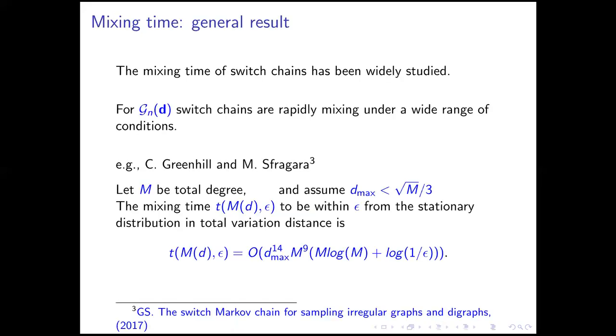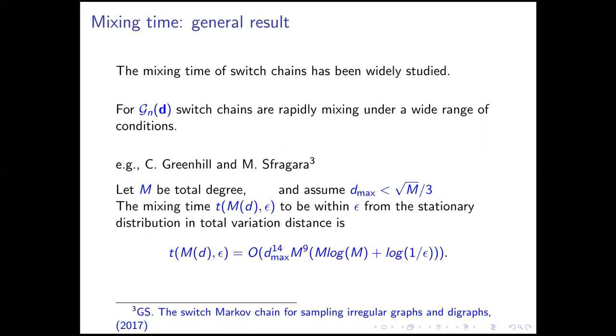So here's a general result about the mixing time of switch chains on fixed degree sequence graphs. It's by Greenhill and Sfragara, and it's couched in terms of total degree rather than the number of vertices. So that capital M is the total degree.